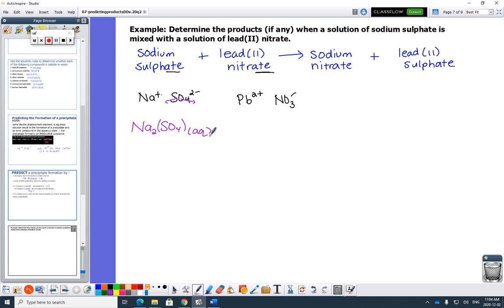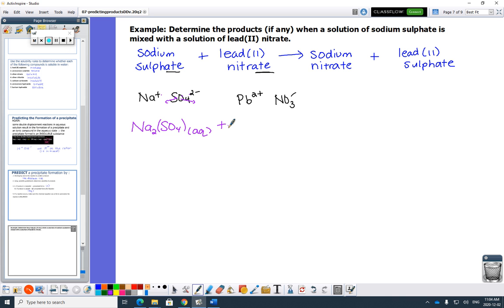Calcium, strontium, barium, radium, silver, mercury, lead. Nope. So then any other cation is going to be soluble. Now, doing it that way, you might notice, oh, I see lead on there, okay? So then that's going to help us in the product, right? So you can do them in whatever order you want to.